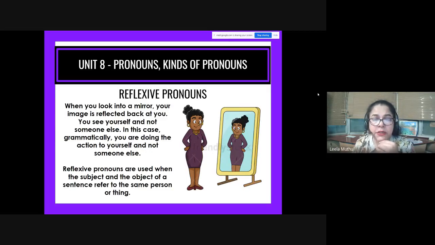All right. So the next type of pronoun we are going to learn about is reflexive pronoun. Now, this is a very, very simple type of pronoun. But you have to understand the word reflexive first.